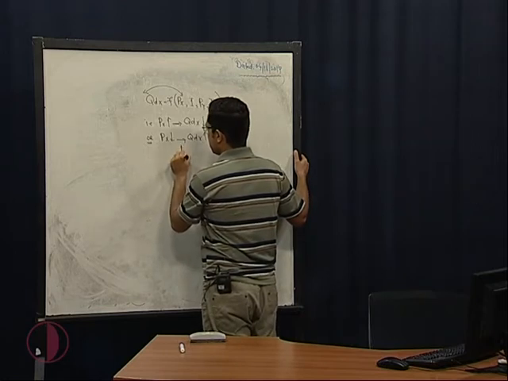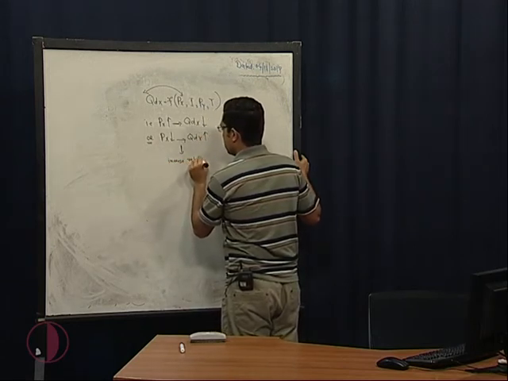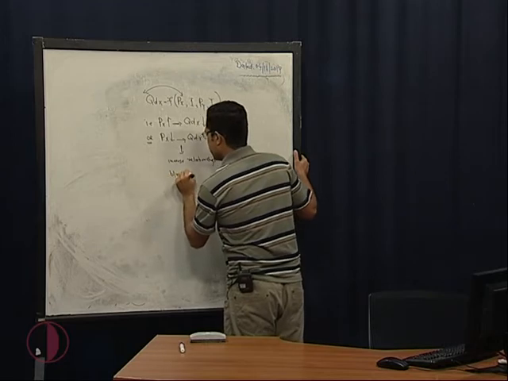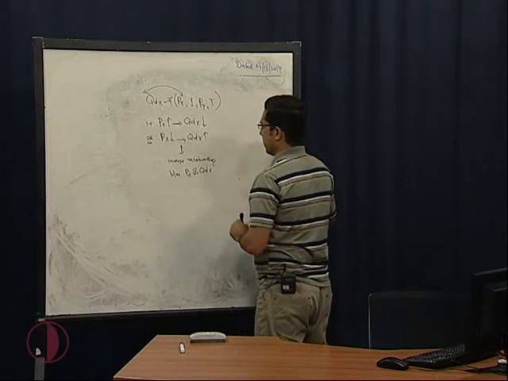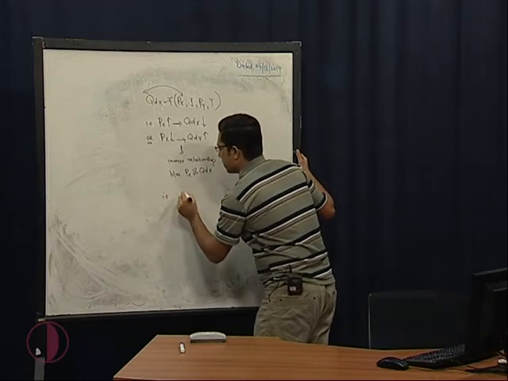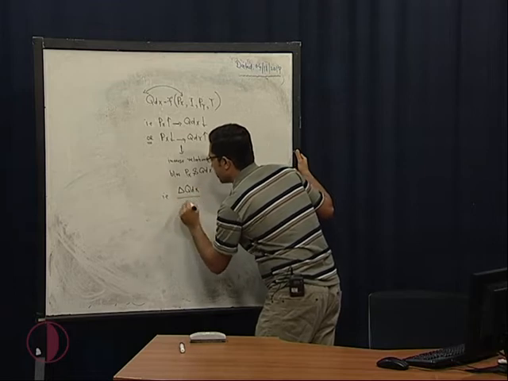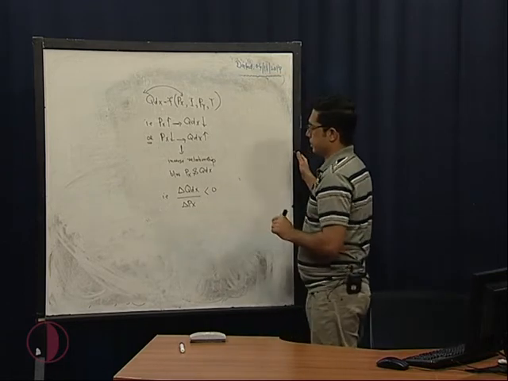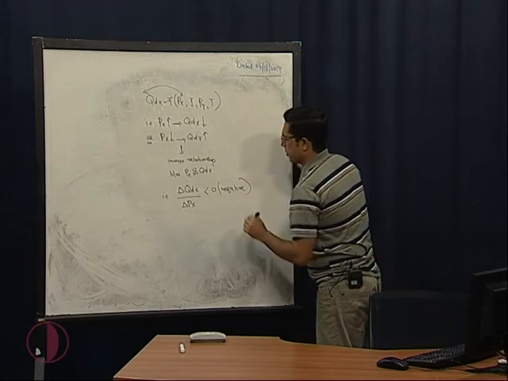This relationship is inverse, an inverse relationship between price of X and quantity of X. So, I can write it as: the change in quantity demanded of X due to change in price of X will be less than 0, which means negative.